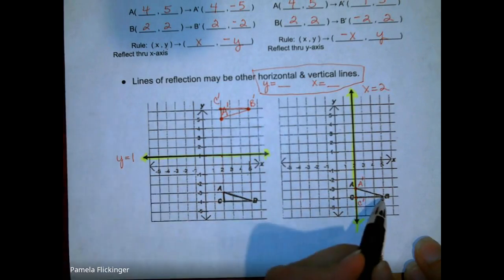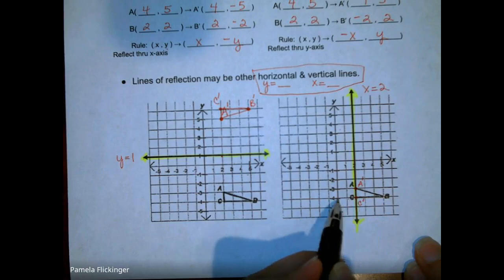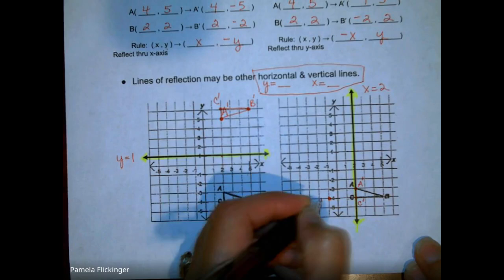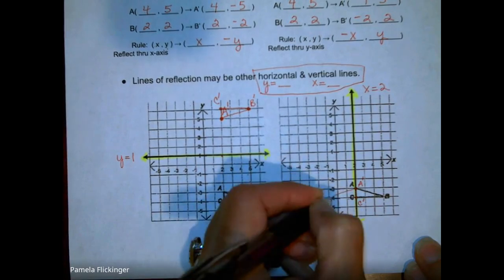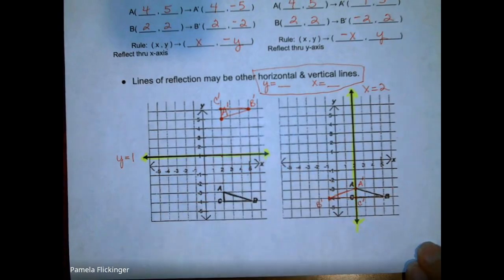And then we just count B. So B is 1, 2, 3 away from our line of reflection. So we count 3 and it puts it over here. So anytime you have a point that lies on your reflection line, the image will also be on the reflection line.